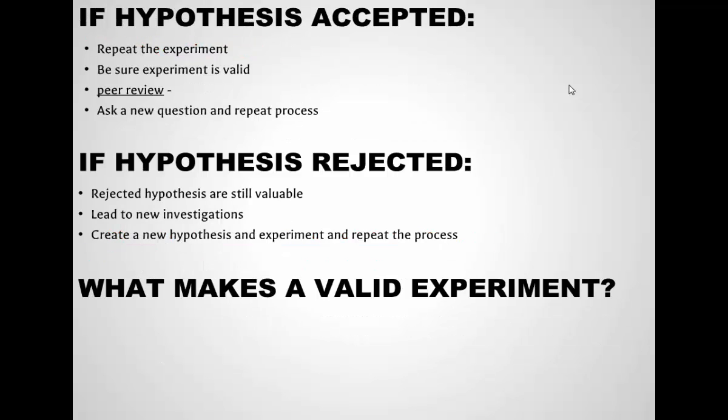All right, so once we are at our conclusion step, we will either determine our hypothesis was accepted or rejected. If it's accepted, well, we probably could repeat the experiment again to confirm our results. We can be sure of our experimental design, to be sure it's a valid experiment.